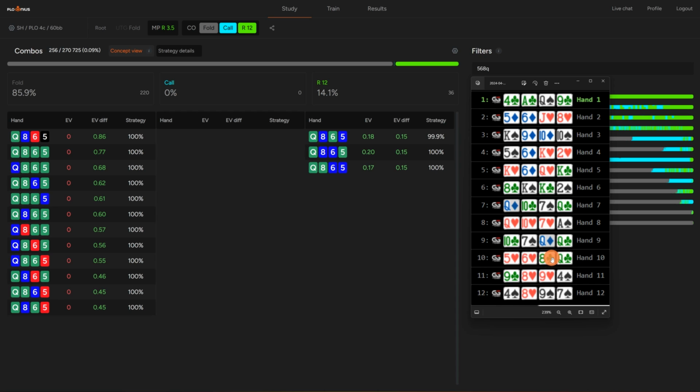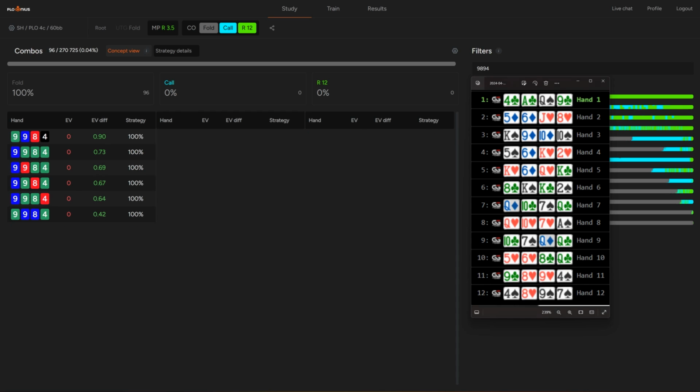And looking at the final two, I am predicting that they both should be folds. But let's have a look, see if I'm right, and I cold call with those. And yep, any combo of the 9-8, 9-4 is a fold. Even double suited doesn't matter because of that dangly 4.